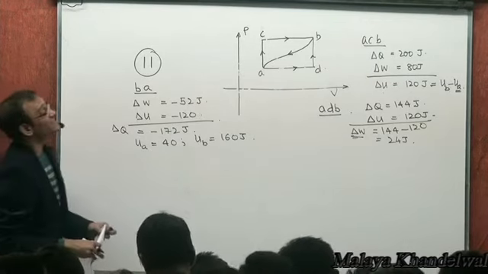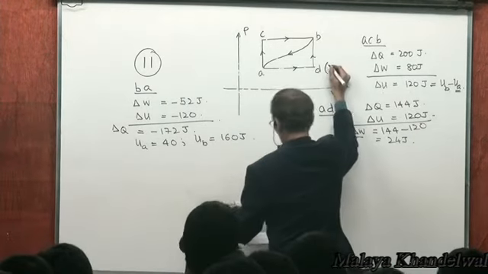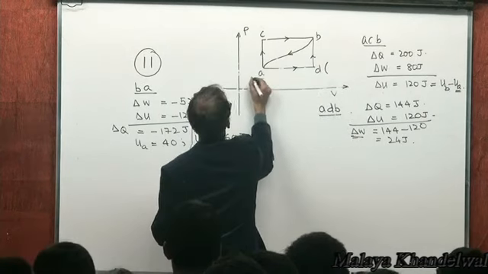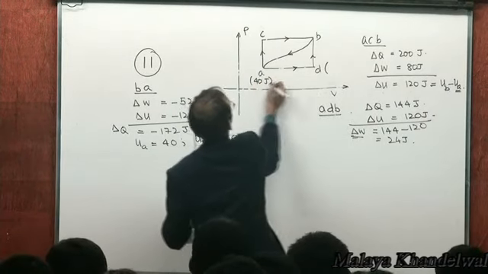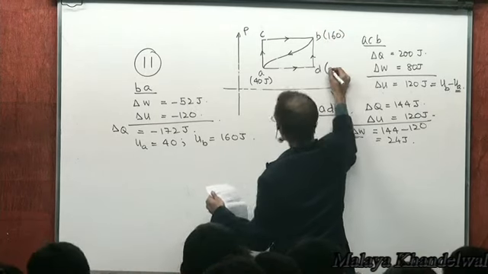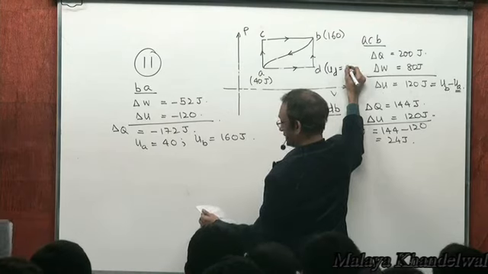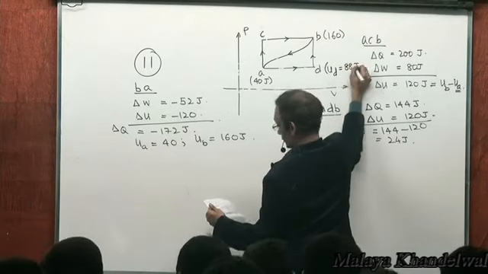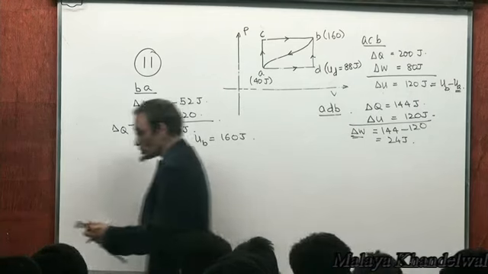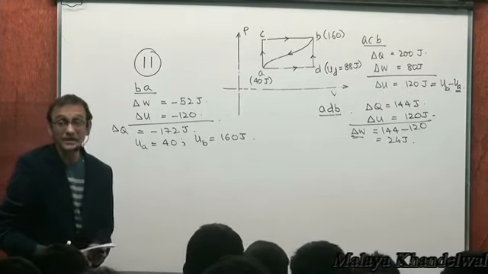Now, if UD is 88 joules, UA we have already computed, UA is 40 joules, UB is 160 joules, UD is 88 joules. We want to find the heat absorbed by the path DB.